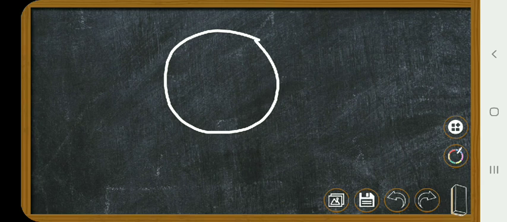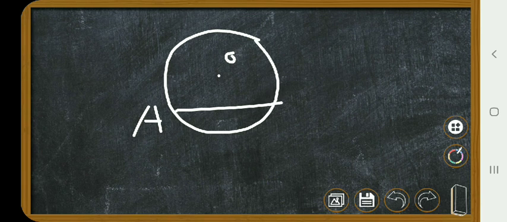Okay, so what is meant by an arc? First we'll see, I'll draw a circle for you. This is center point O. Now I'll draw a chord over here.